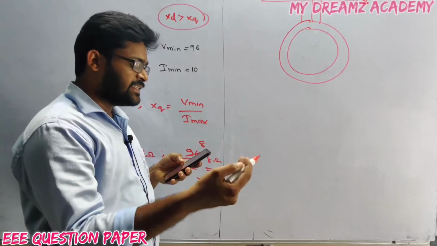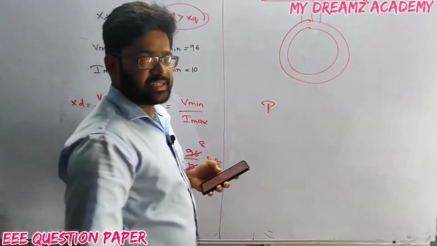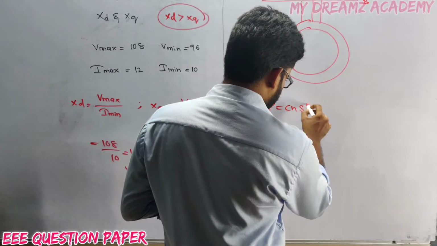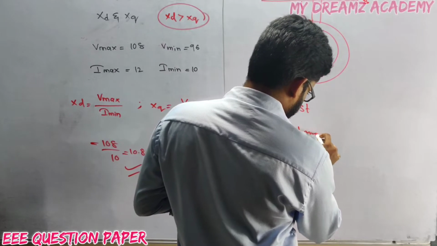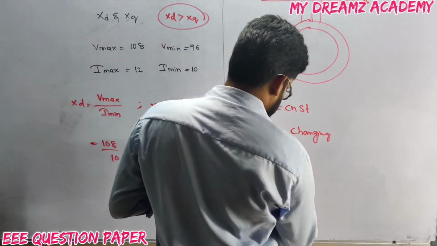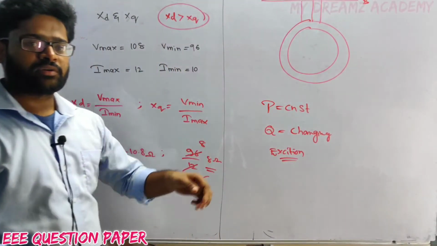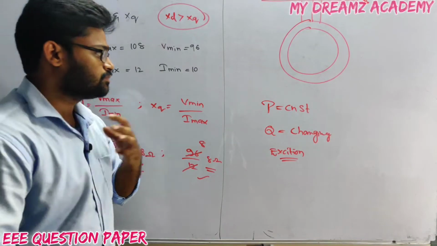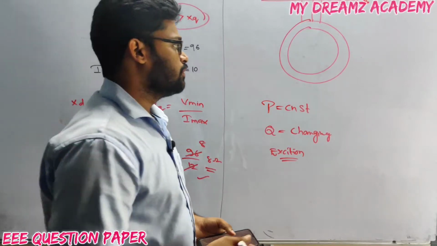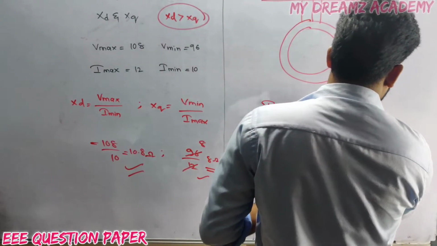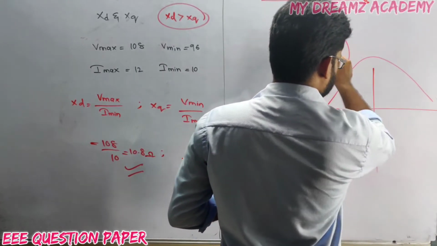Its excitation is increased while the driving power is constant. That is nothing but active power is constant. So reactive power is changing. That is nothing but excitation. If I increase the excitation, the reactive power will change, but the active power is constant. So at constant active power, variable reactive power, we can use V and inverted V curves like this.